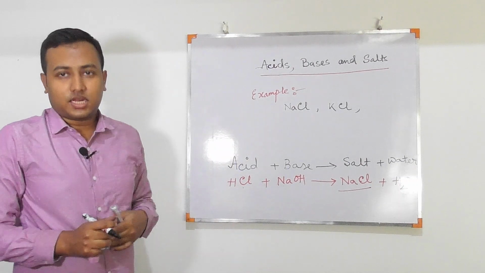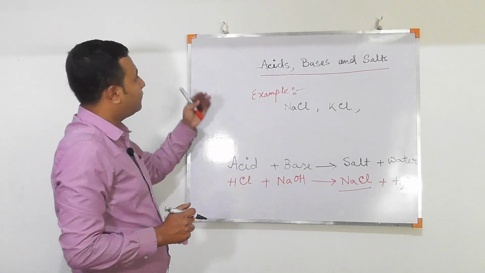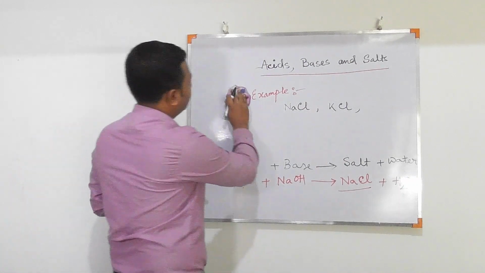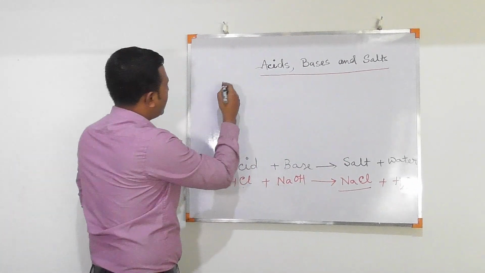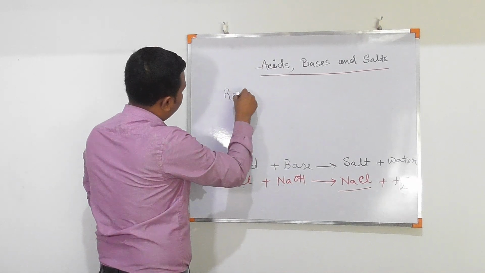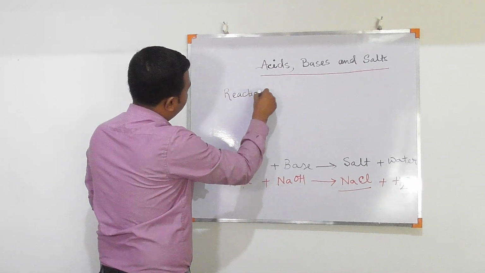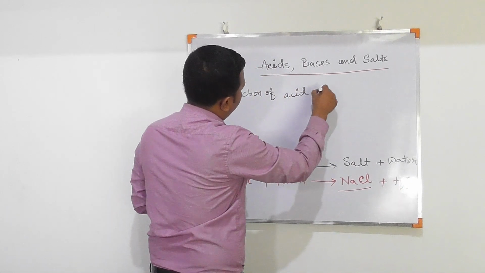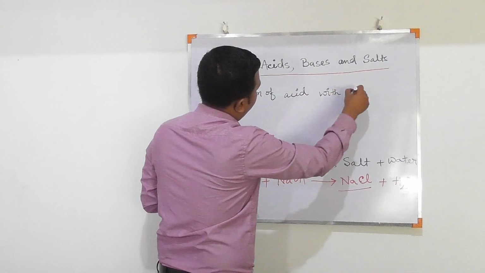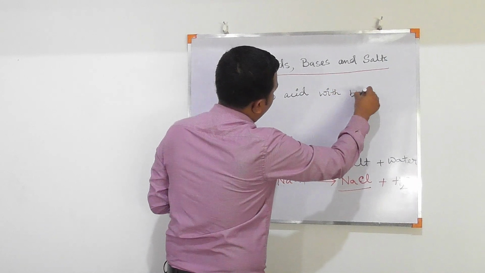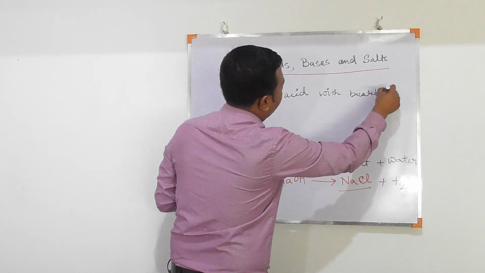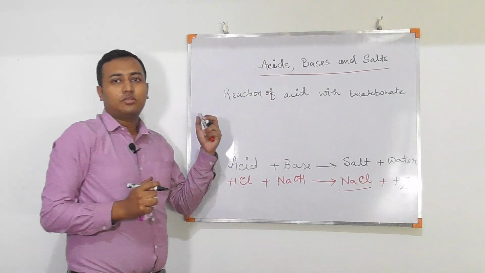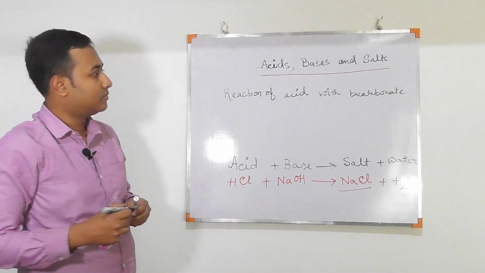Now we will move to the next reaction, that is the reaction of acid with bicarbonates. By this reaction we can identify an acid.